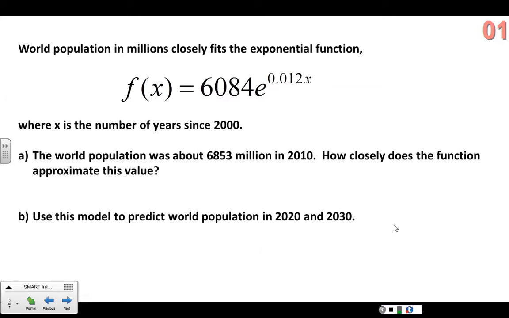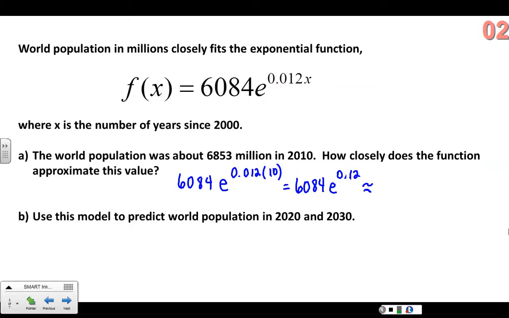Well, let's see. If I were going to plug in 2010, I would say 6,084 times e to the 0.012 times 10, because we said x was the number of years since 2000. So 2010 would have been 10. So that gives us 6,084 times e to the 0.12.